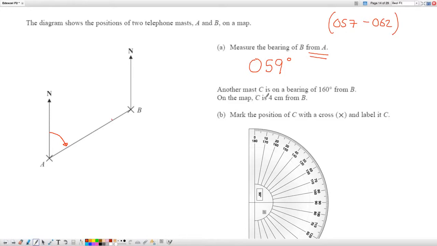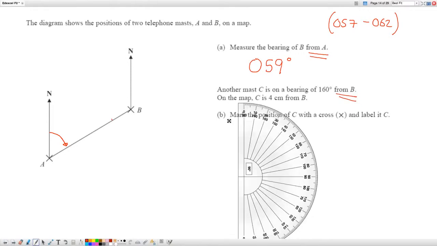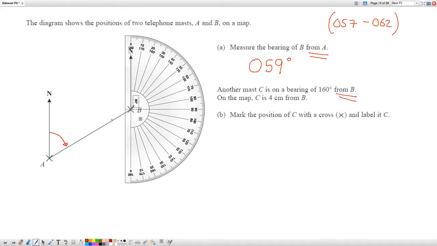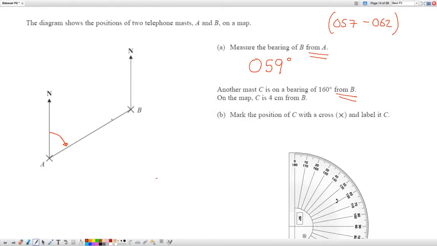We're then told that another mast C is on a different bearing, 160, from B. That means we're starting now at B. So we're going to mark up here, sharp point here, the centre point here in the middle, north line marked with 0, going all the way around in a clockwise direction to 160. Make a little mark, take it away, and we're told here that this is 4 centimetres from B.